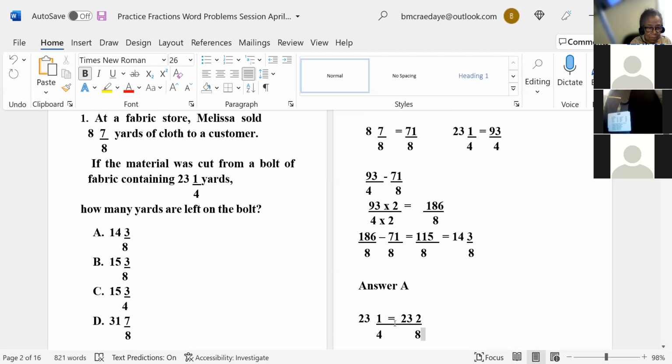All right, so let me take this. I would take this 23 and 2/8 and make it 22, and then I had 8/8 and 10/8. You follow what I'm doing? No. Well, I'll explain it now. That's why I want to know if this would be easier for you.